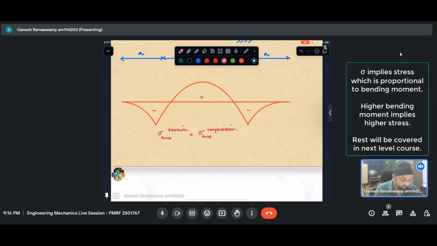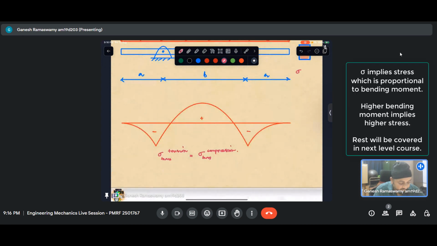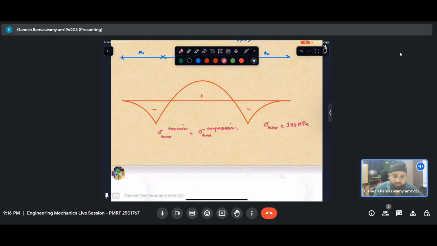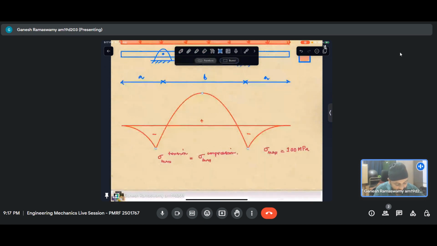Let us say that this is made of a material which can take maximum of 100 MPa. Now when we design this, we would like to ensure that the overall section of the beam is much lesser than 100 MPa, let us say 75 MPa. Now, if we were to have a case where B is much greater than A, we'll see that at this point, our stress will reach rather 90.